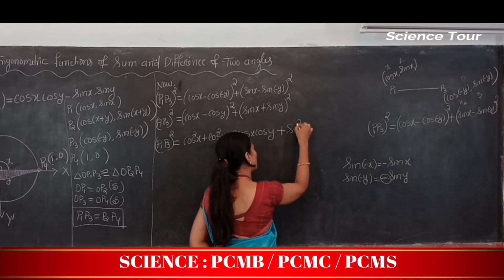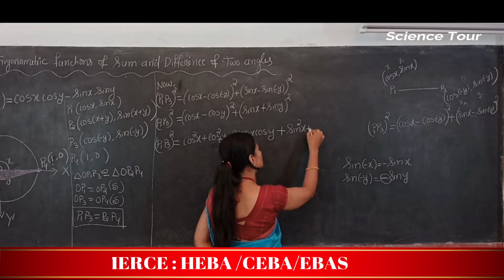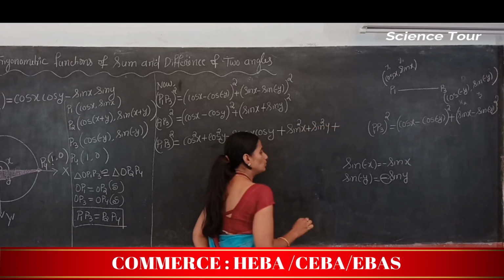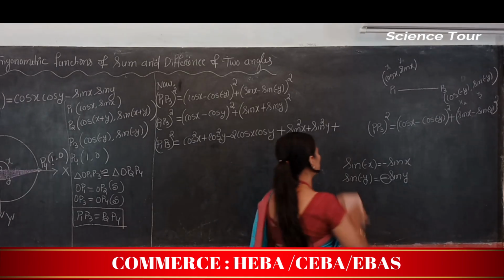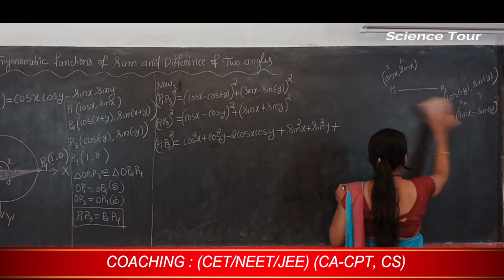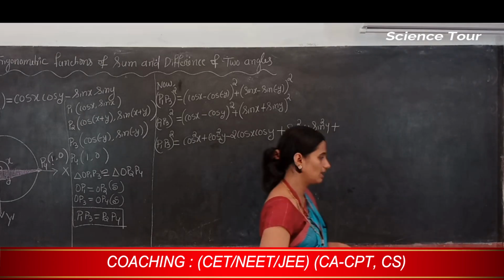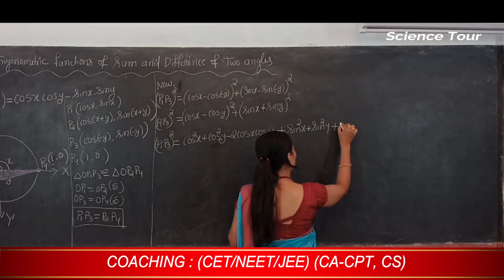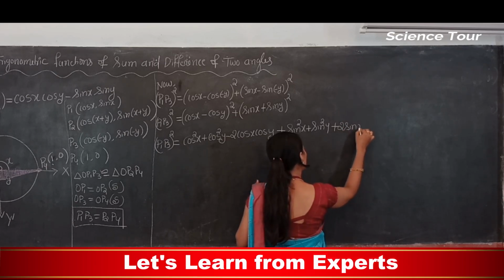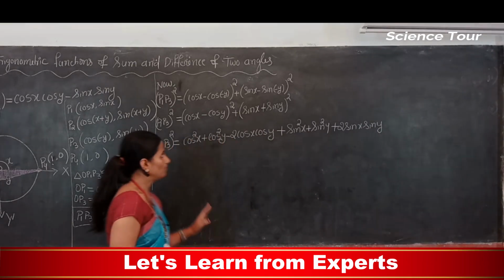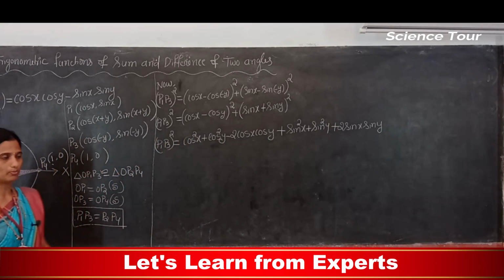So a square sin square x plus b square sin square y plus 2ab, that is 2 sin x sin y. So it is 2 sin x into sin y. Correct, no? Yes. Understood now how to apply the formula.